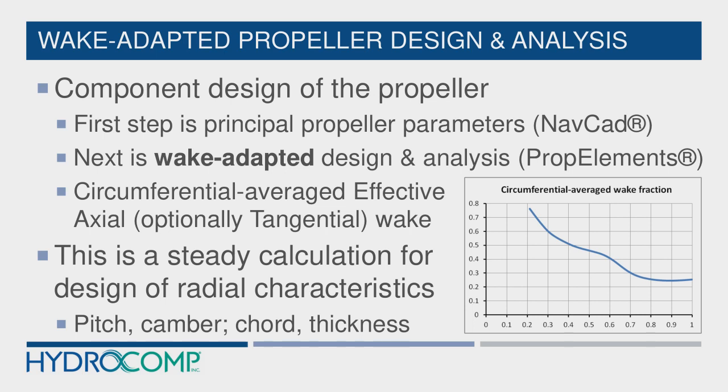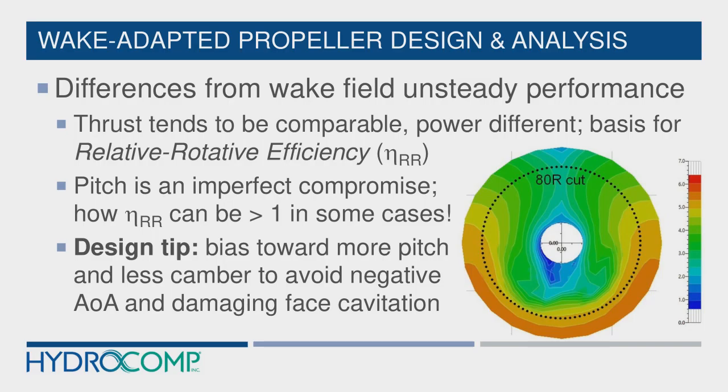Then chord and thickness are for strength calculations and sufficient blade area, again for camber and blade pressures. So the difference is between a wake adapted propeller and true unsteady performance. We need to account for those in different ways.